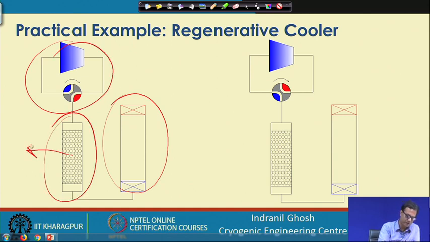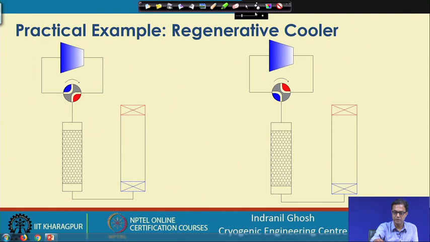This is the regenerator, of fixed bed type. When the high pressure gas is coming from this end, the valve allows the gas to pass through the regenerator and then come to the pulse tube.